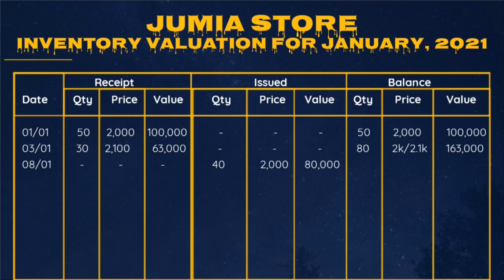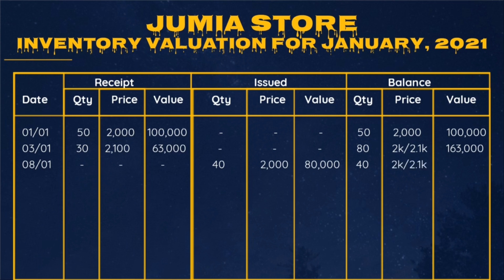So pay attention to the balance. Under the balance, what they had in the store before was 80 bags of cement. Now they are supplying 40 out of it. That will be 80 minus 40, so the balance is going to be 40. For the price, from the 50 bags of cement, 40 has been removed at the rate of 2,000 naira, which means they still have some bags at the rate of 2,000 naira, and they have bags at the rate of 2,100, so the price will be 2,000 and 2,100, that is 2K and 2.1K.